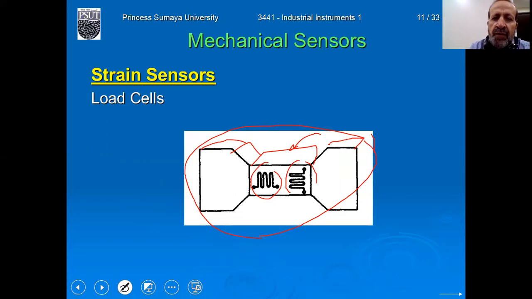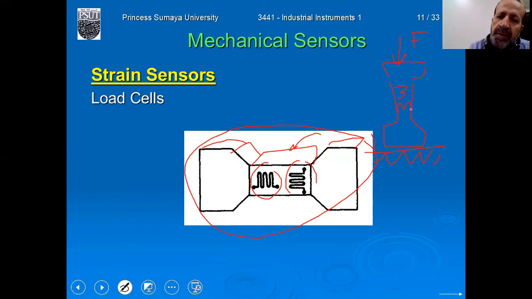If we put this load cell in this direction, for example, and we apply force here, and this is on the ground, and here are the strain gauge sensors, then this is the compression force.